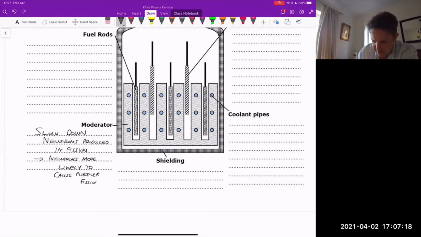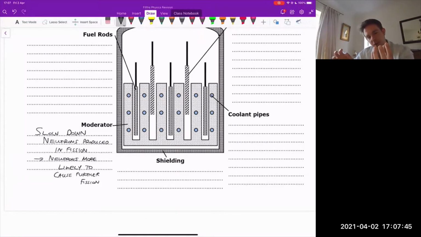Now, when I teach this to the fourths, I always say, a lot of people would expect that the higher energy the neutrons would have, the more likely it is they'd cause fission because they're smashing the nucleus apart. But that's not what is happening. What's happening is a uranium-235 nucleus is just sitting there, and then it has to absorb the neutron as the neutron goes past.